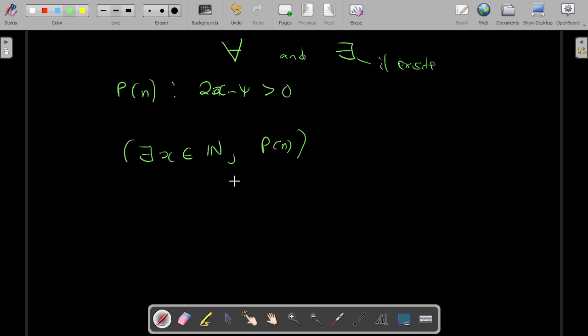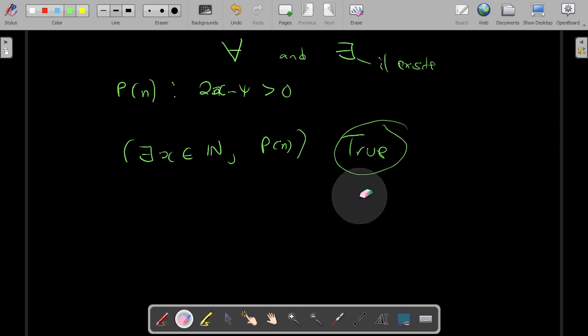Remember that 1 does not satisfy this proposition, but 2, 3, 4 are numbers that satisfy it. Because those numbers exist, we can find at least one number from N that satisfies this proposition. So this is going to be true. So that is your "il existe".